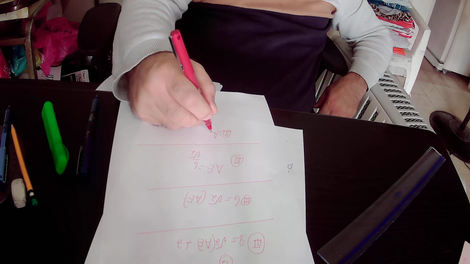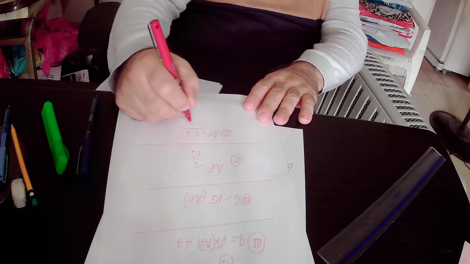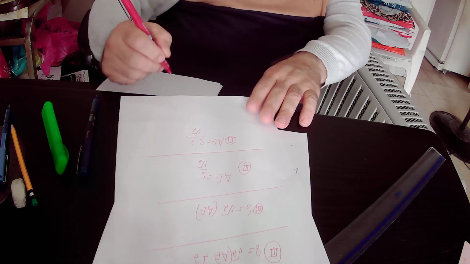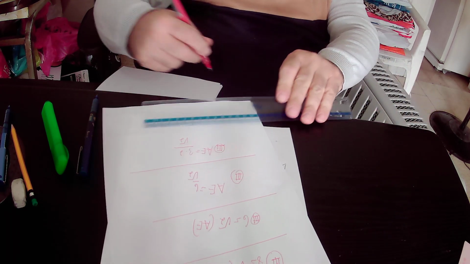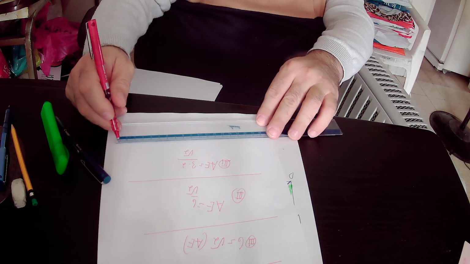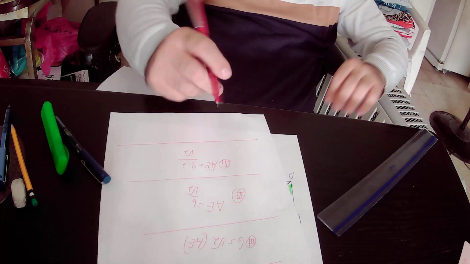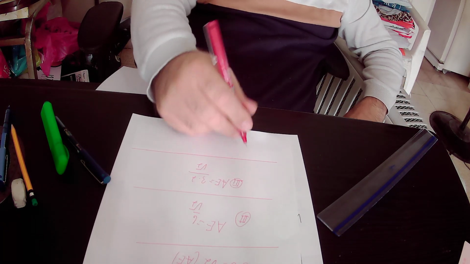So AE equals 3 times 2 over square root of 2. Here we will multiply this side of equation number 3 by square root of 2, and then we will divide it by square root of 2, so we change nothing.